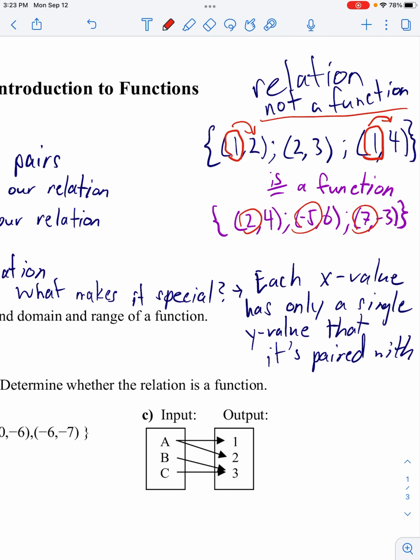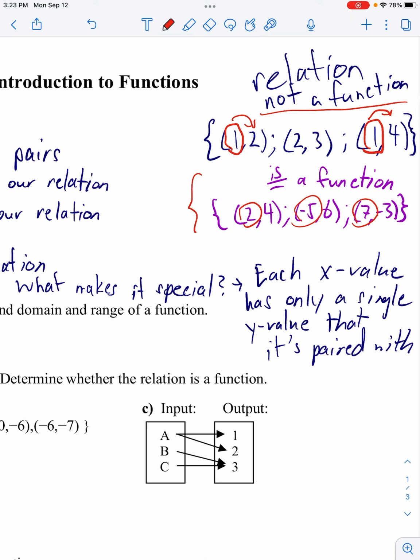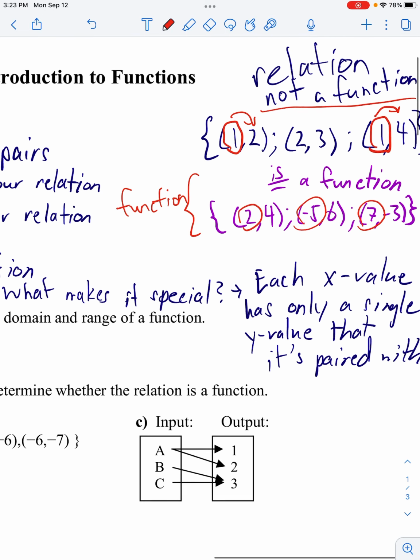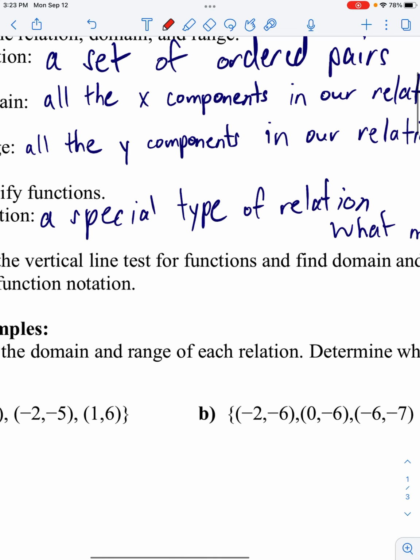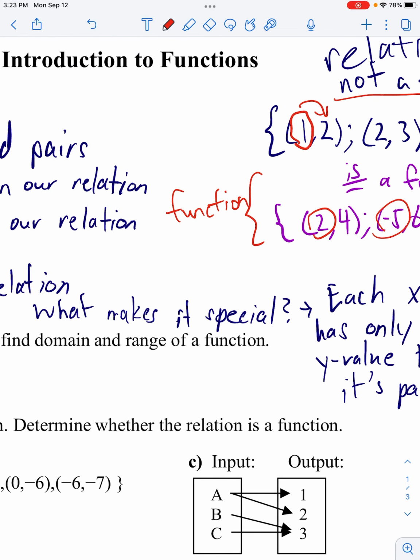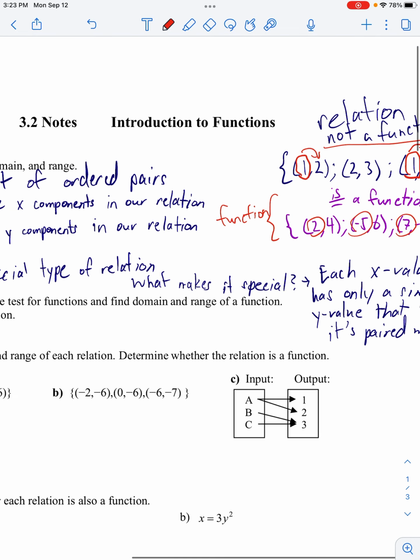There's no repeating x values, okay? So this is a function. It's a relation which is a function. So every function is a relation, guys. A function is a special type of relation, okay? But not every relation is a function.